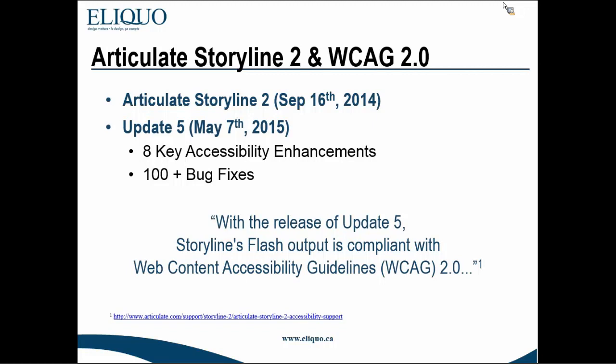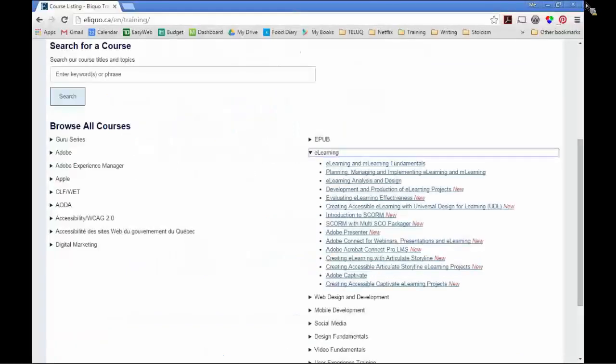Update 5 was a major enhancement to Articulate Storyline, and version 2 specifically, and they targeted accessibility. They brought in 8 key accessibility enhancements for Storyline.